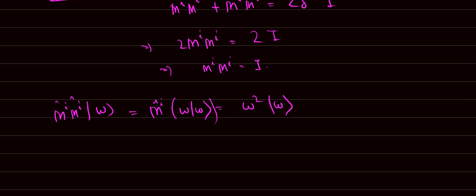But this is the identity matrix, so this will be equal to omega. So omega squared is equal to 1, omega equals plus minus 1. So the eigenvalues of these Hermitian matrices are plus minus 1.